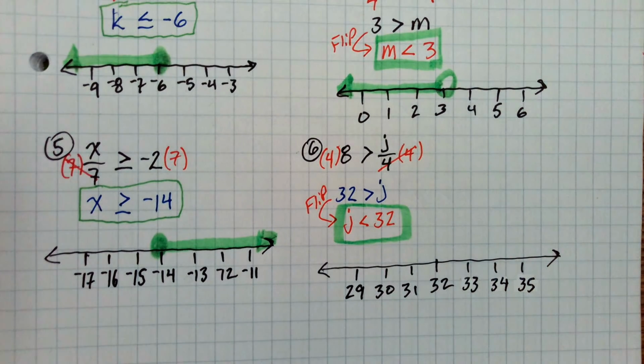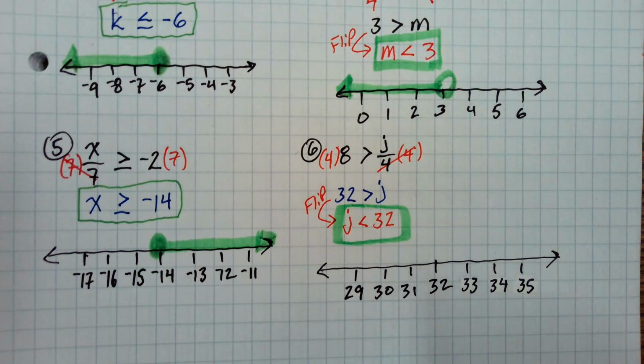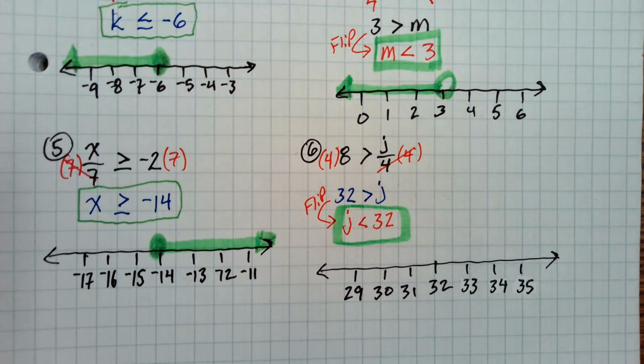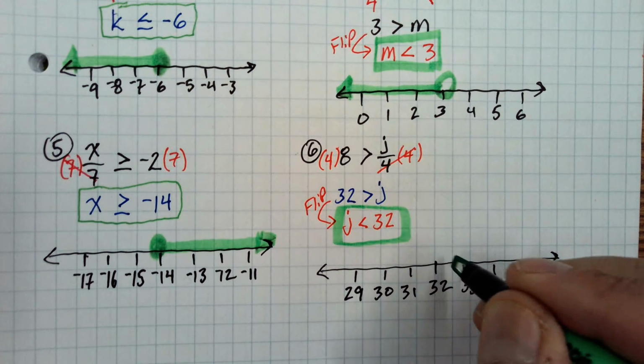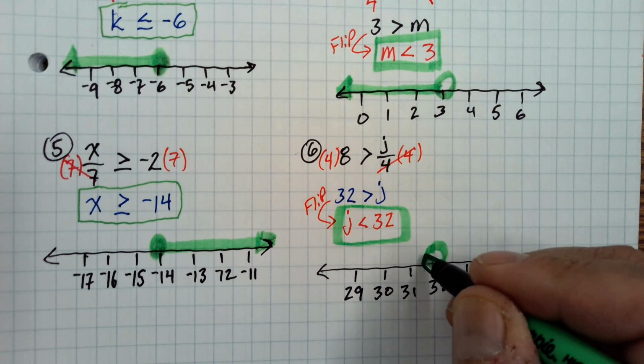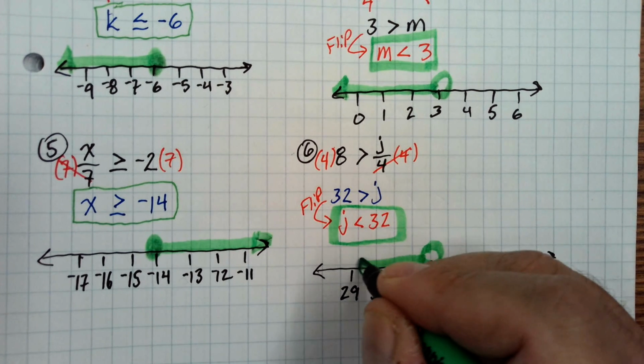There we go. Fortunately for you on Delta Math, they already have the number line for you. All you have to do is make the correct graph, which in this case is what kind of point? Open or closed? Open. Yeah, there's no equal to part, and you want everything less than. So everything this way.